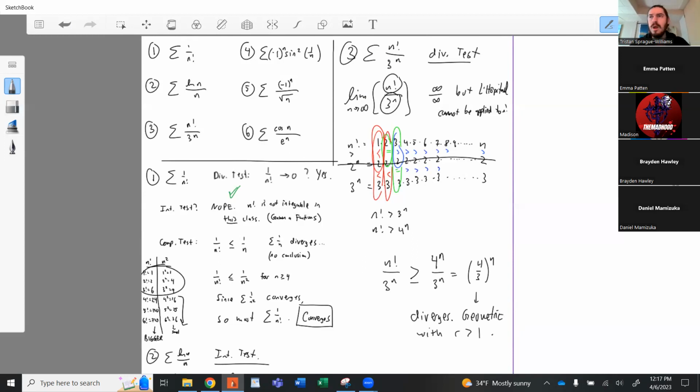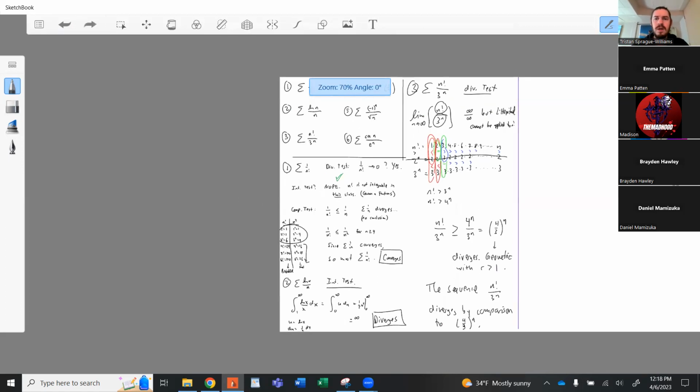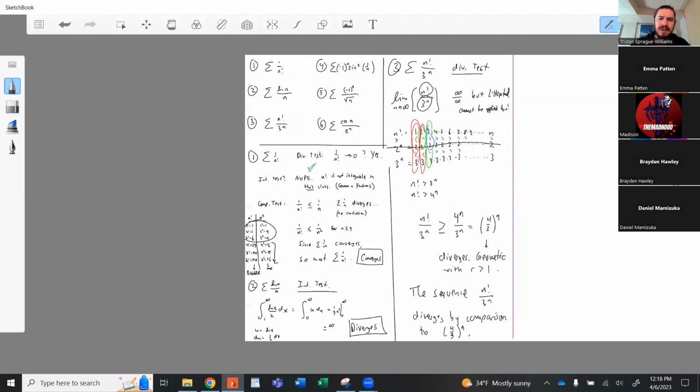Okay, r equals 4/3, bigger than 1. And so therefore the sequence n factorial over 3 to the n diverges by comparison to 4/3 to the n. Okay, that sequence diverges.